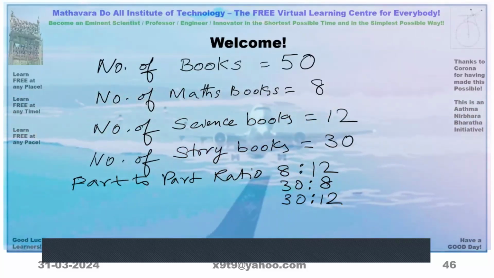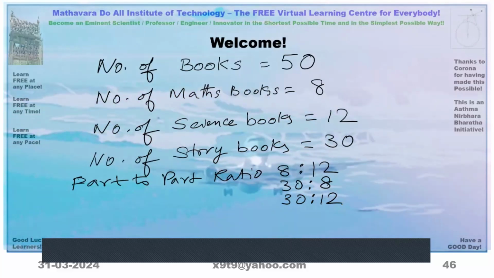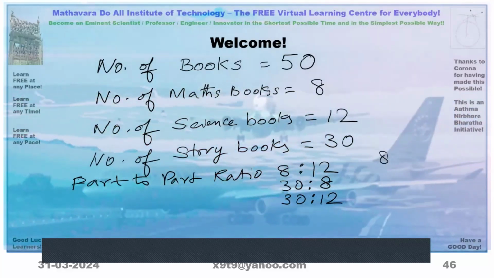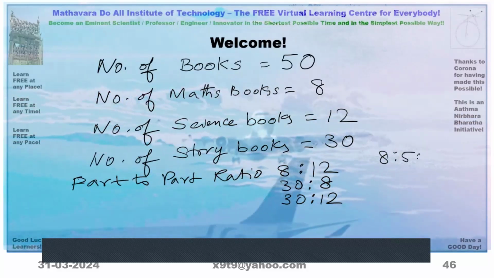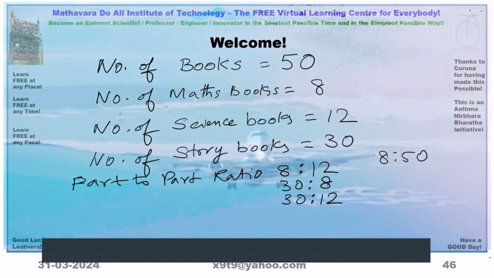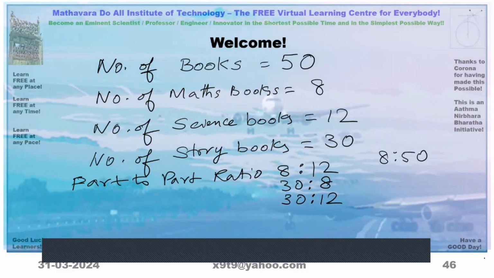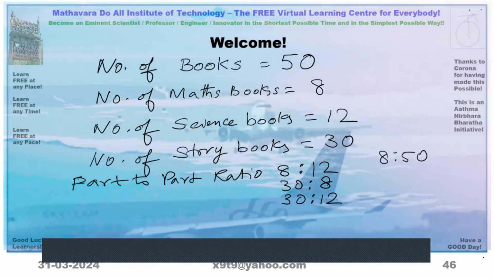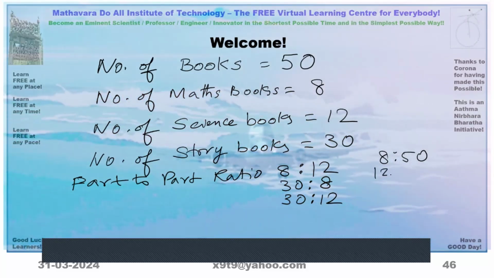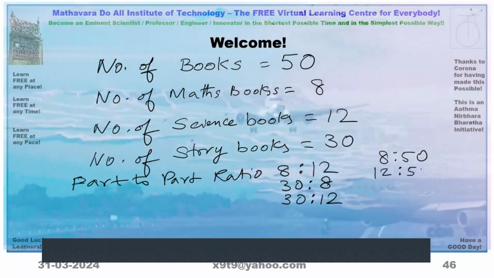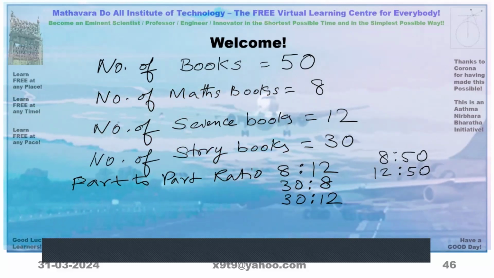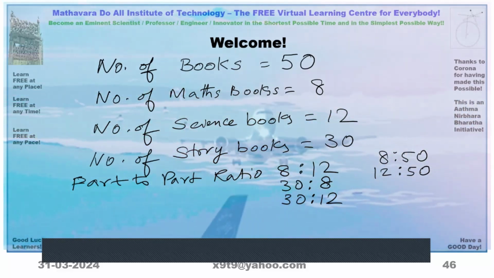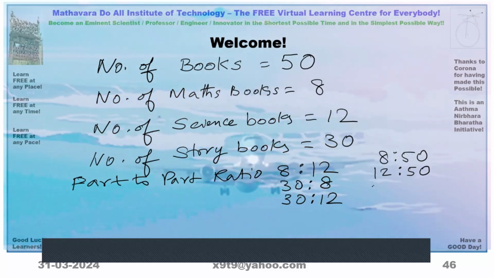Now, number of mathematics books to total books. 8 to 50. Number of science books to total books. 12 to 50. Number of story books to total books. 30 to 50.